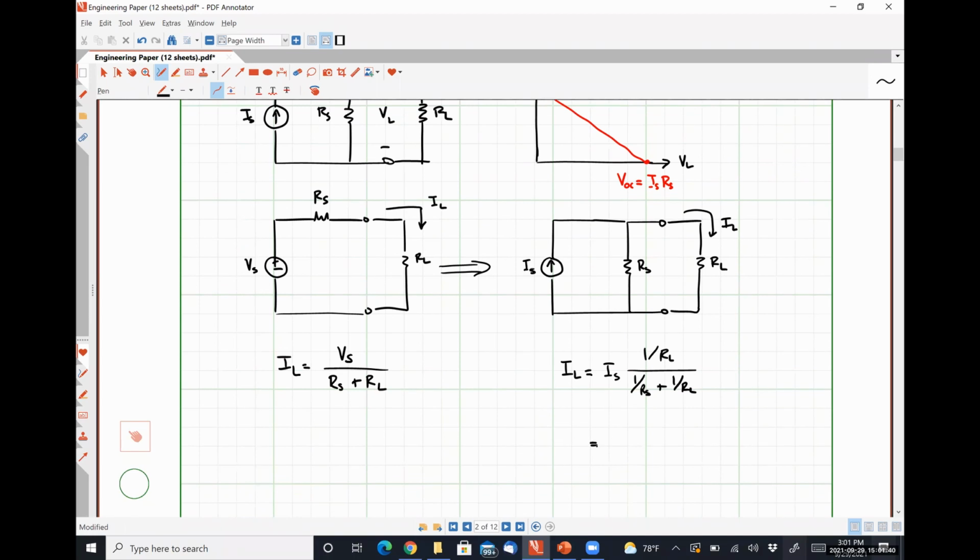And this is mathematically identical to IS times RS over RS plus RL. You can easily prove that just by using simple algebra, multiply 1 over RS times RL over RL, multiply 1 over RL by RS over RS, and you get that result.